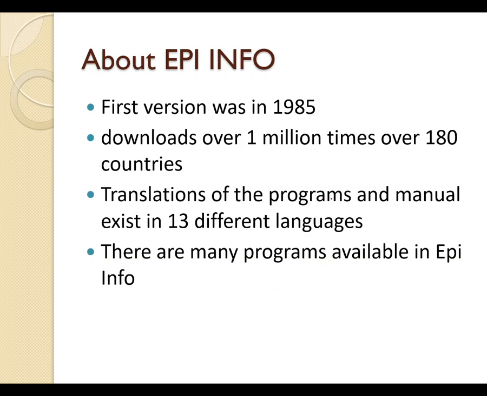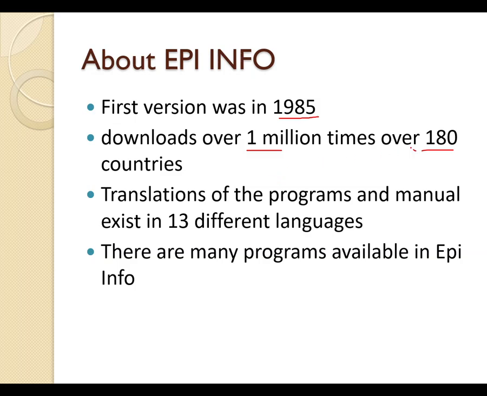Then the history of the product is it was invented somewhere like 1985. Very old product, right? 1985 means around 40 years old, 30 somewhere like that, right? Downloaded over 1 million times, over 180 countries. Almost all the countries are using. I think we have around 200 countries or 225 something like that.